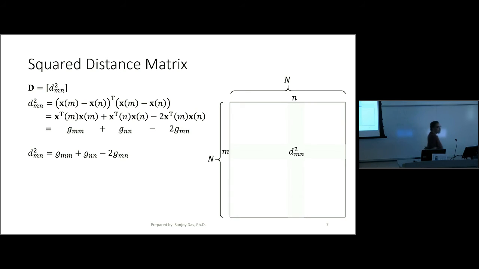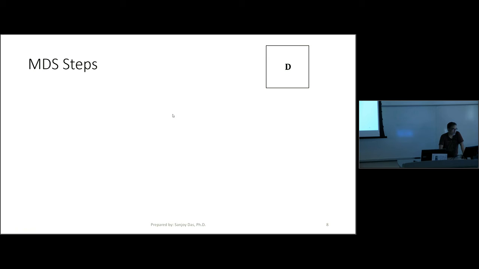I'll do a little derivation, and in that derivation, this expression will be crucially important, to get the Gram matrix from the squared distance matrix. So now this is how we go about with MDS, multidimensional scaling. What we have is the squared distance matrix, D.